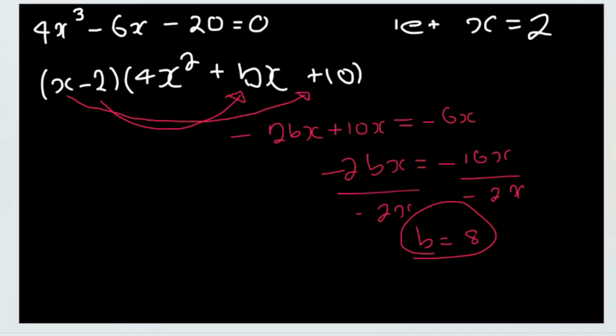Okay, therefore it's very simple. Let's remember that it's equals to 0. Let's not forget that. Therefore, it is practically very simple. It means now the function that I have is x minus 2 into 4x squared plus 8x plus 10 equals to 0.